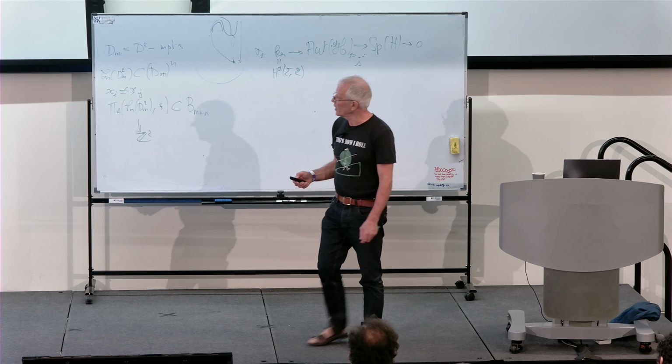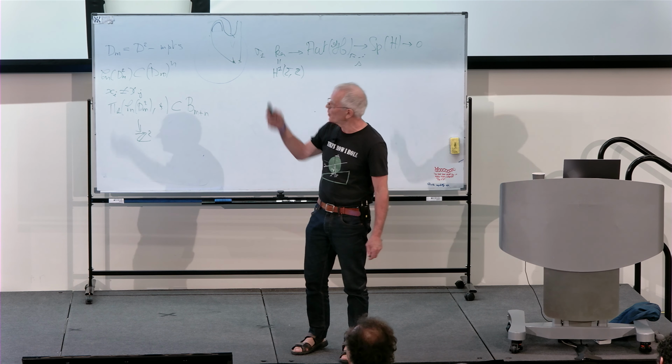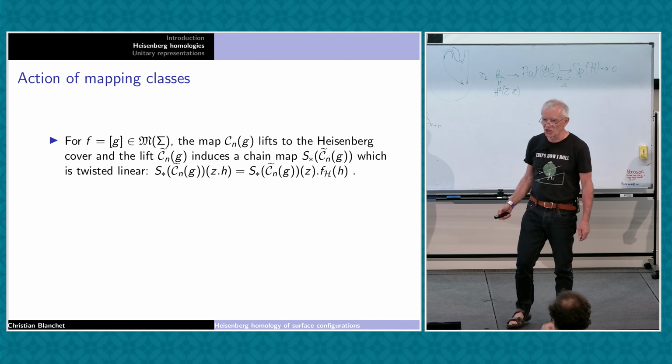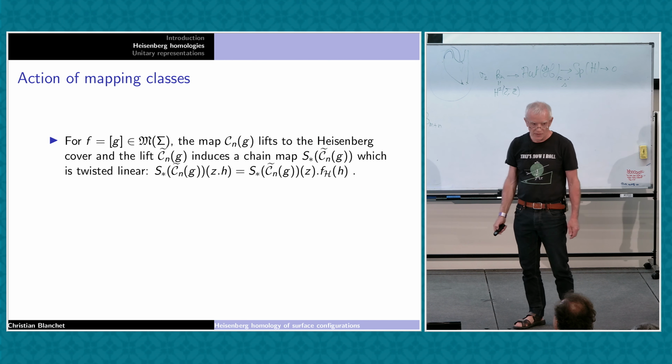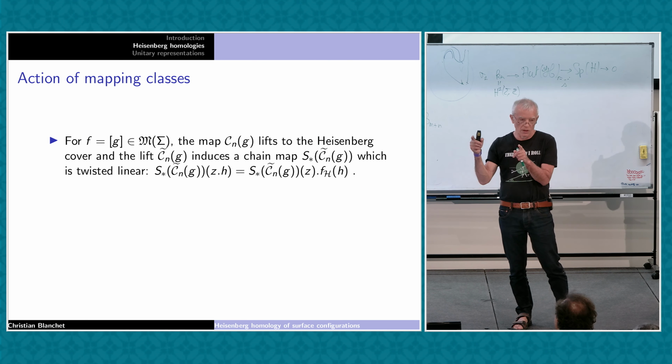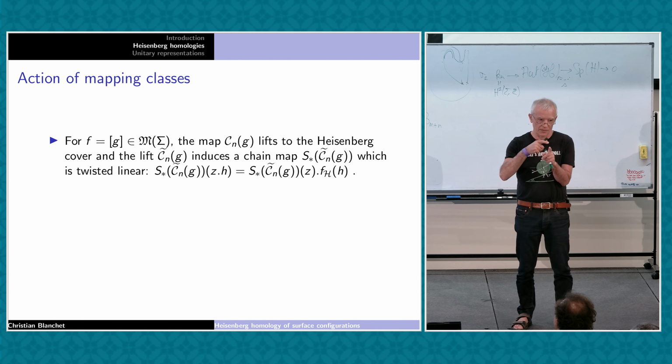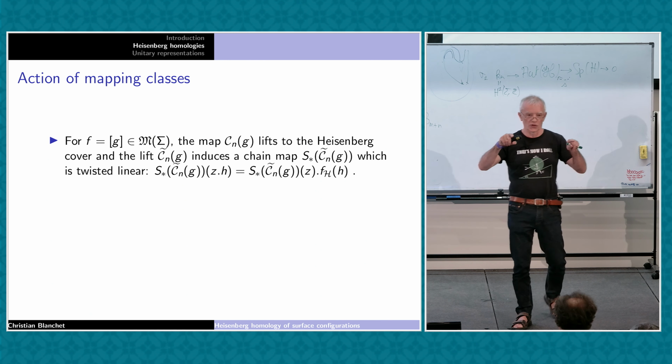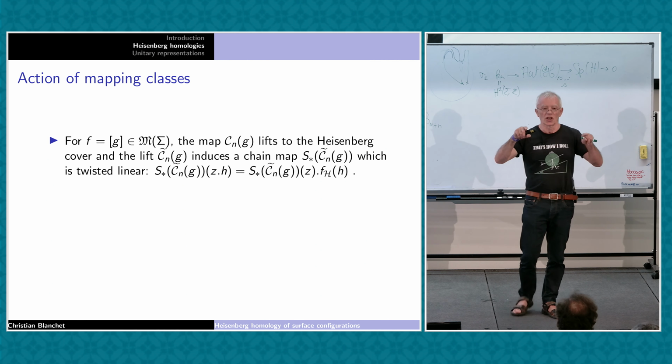So if I have a mapping class represented by the diffeomorphism G, here I use a different notation for the map and its class, then the Cn of G lifts to the Heisenberg cover. This is because this respects the kernel of the quotient map. We know explicitly this kernel of the quotient map is generated by all commutators with sigma 1. So we can check that this lift exists.